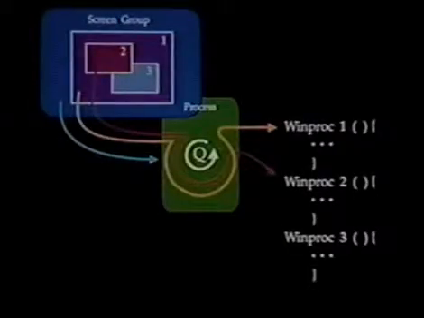On the screen now is a diagram that is meant to show how information flows from each of several windows on the screen. We have the window screen group, and then we have 3 rectangles labeled 1, 2, and 3. Each of those rectangles is a window. Each of those windows has a line that goes from the window to the process and to the queue.